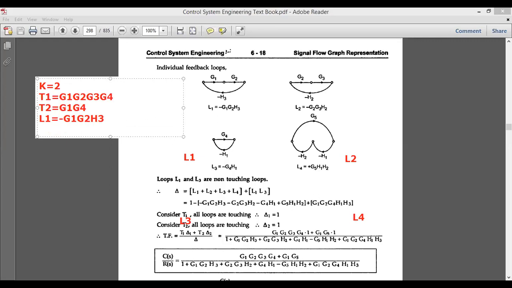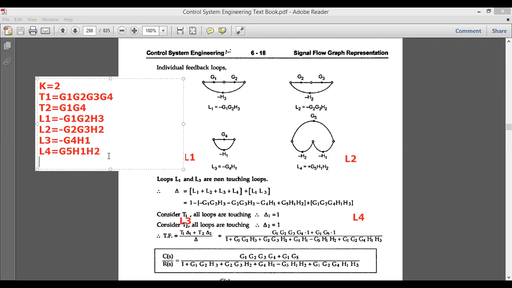We have L2, that is minus G2, G3 and H2, and we have L3, which is equal to minus G4 multiplied by H1, and the last loop here is L4, which is equal to G5, H1 and H2. So I got all the basic requirements of the given signal flow graph.